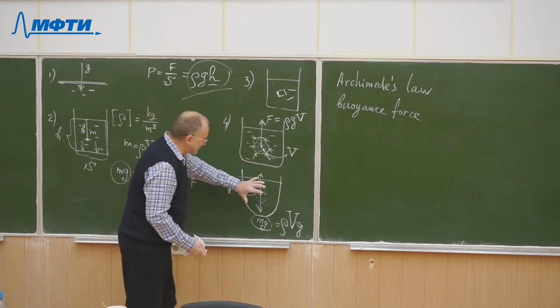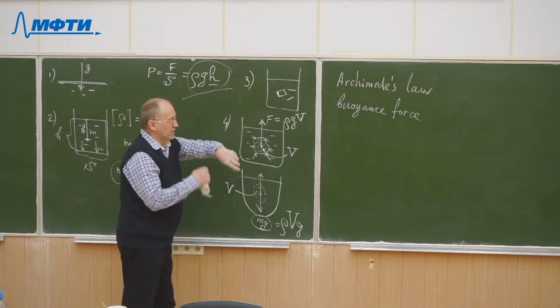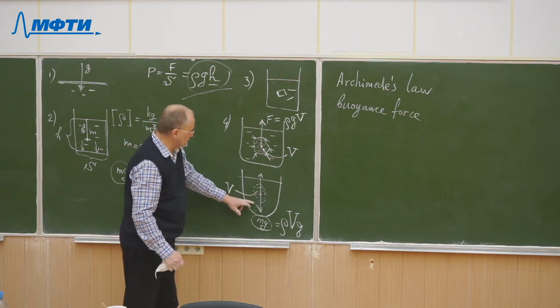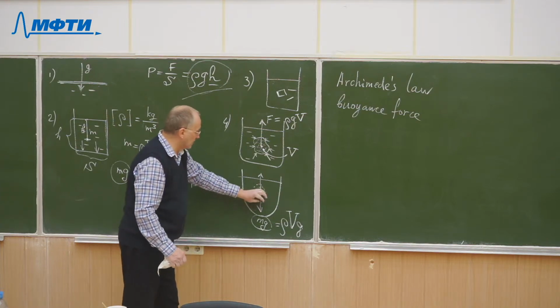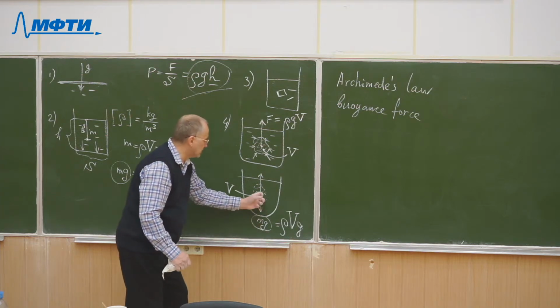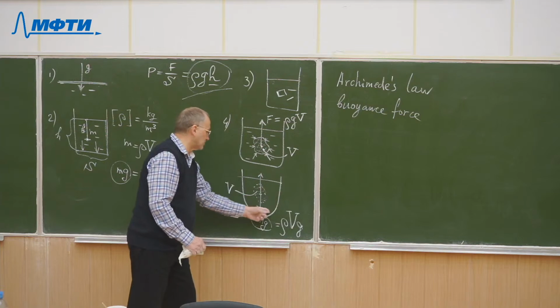So in static equilibrium, we consider only the liquid at rest. In this situation, this imaginary volume of liquid is at rest. It means that its weight, mg, is balanced by some forces of pressure from the outside liquid.